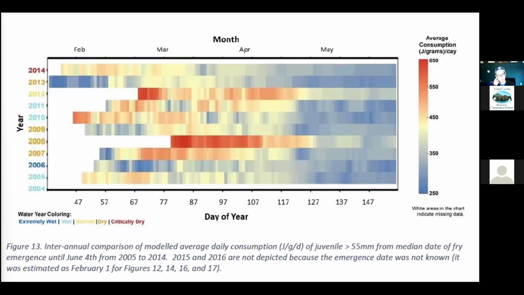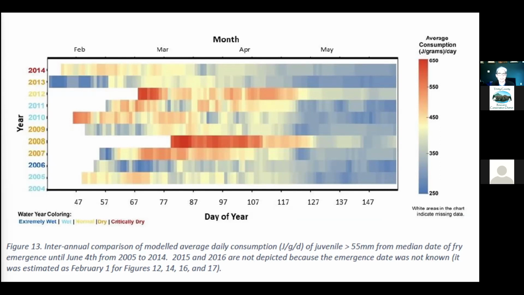So this is a raster graph showing that consumption fall off that we see with the rod flows. So in late April, what we should be seeing is blue, yellow to red as temperatures increase.